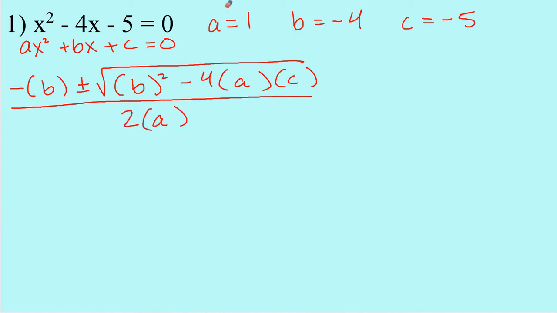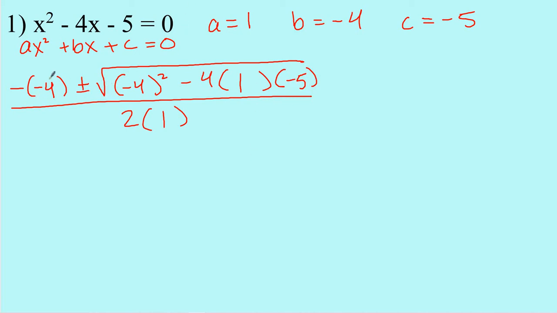And then I go and substitute things in. So we can replace the a here with a 1. Okay, then we can replace the b right here with negative 4, and our c with negative 5. Okay, so that's how you want to write it.